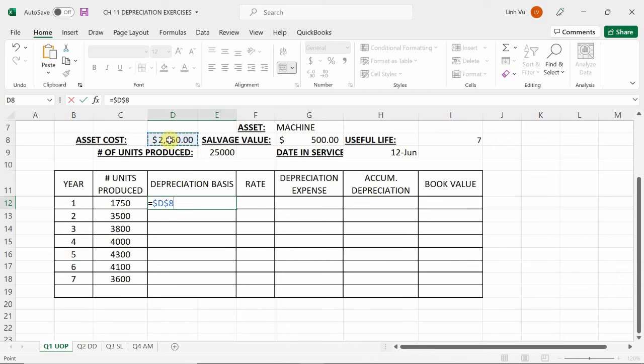It doesn't. That's not all it starts with. What else does it have to have? You have to subtract the salvage value, remember? So in this case, you're going to have your cost of the asset minus the salvage value of $500. Okay? So that should leave you with $1,550.